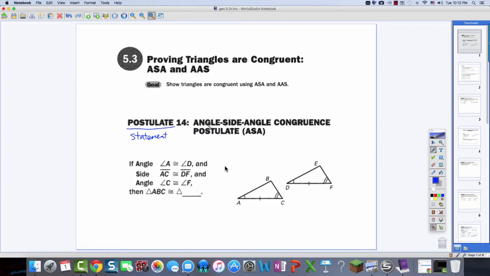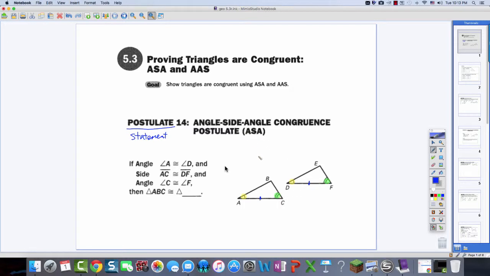In this ASA statement, it says that if I have two triangles, if angle A and angle D are congruent, and angle C and angle F are congruent, and on top of that, my side AC and my side DF are congruent. So I've got one side, a pair of yellow angles and a pair of red angles that are congruent.